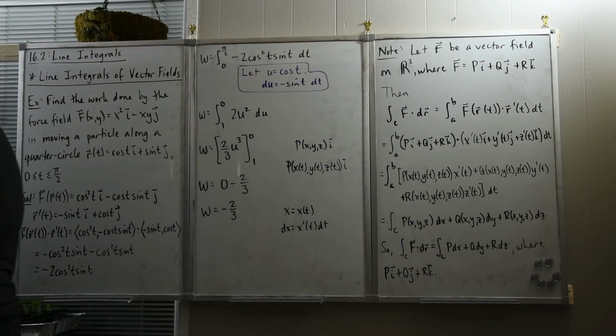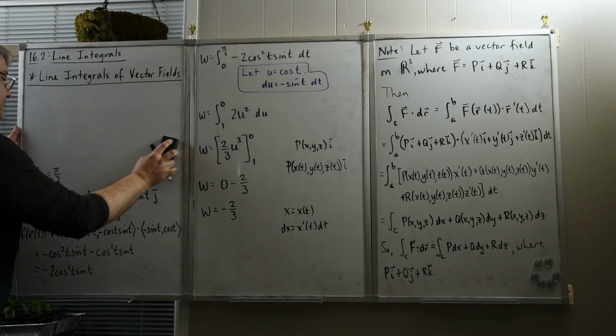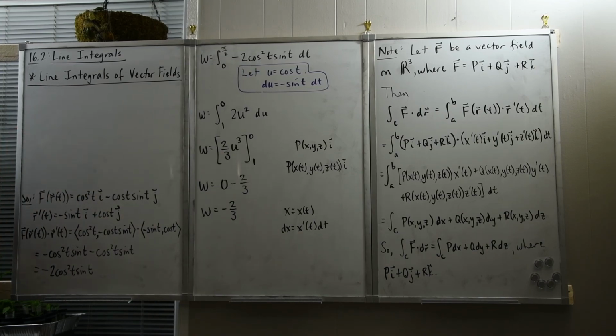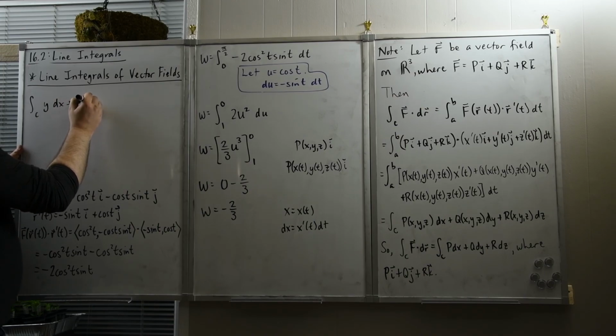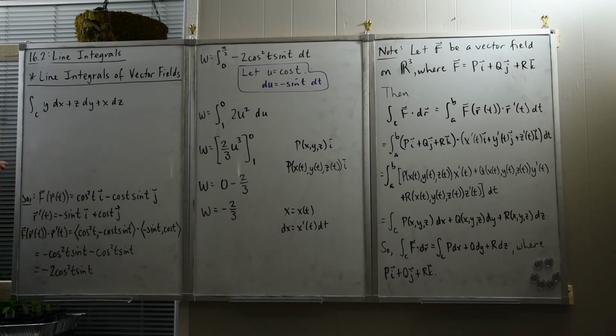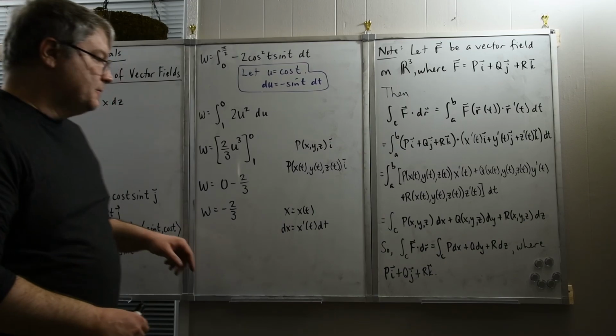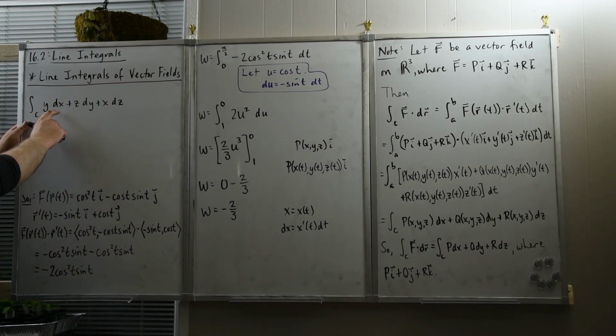So if you think about one of the earlier examples that we saw, you may recall in this example we had the line integral along C of y dx plus z dy plus x dz. But if you think about it, this has the same form as what we're seeing here, with P equals y, Q equals z, and R equals x.